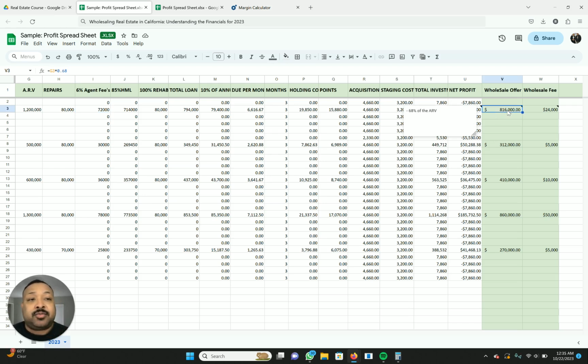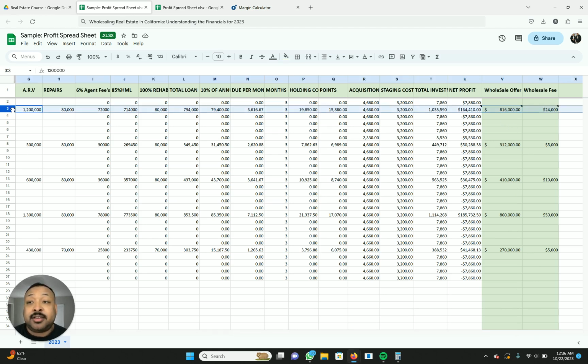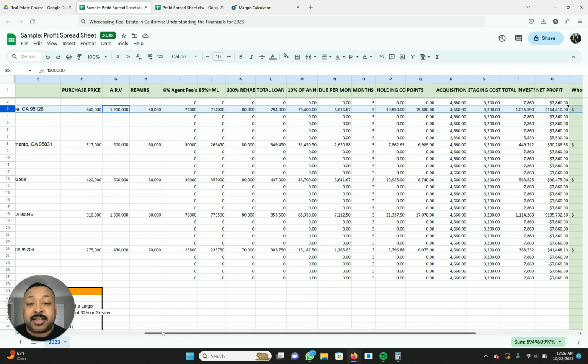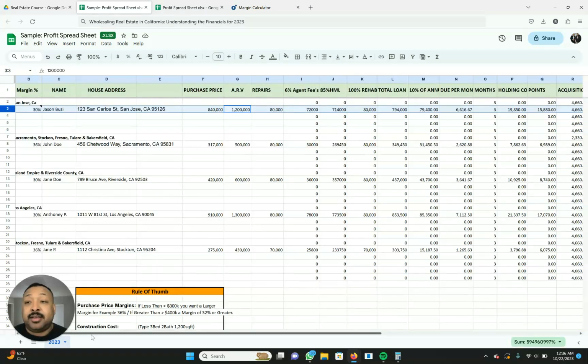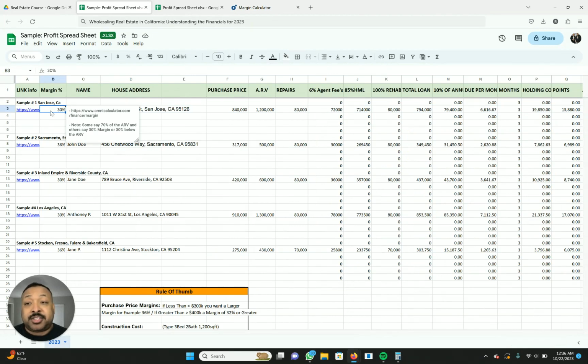So, now down to making an offer on the property. First and foremost, you have to be within the margins, and in this case, a 30% margin. It does make sense in the Bay Area. So I'll buy this at a 30% margin all day long. Okay, but where's your wholesale fee? At a 30% margin, I need to be at $840,000, right?